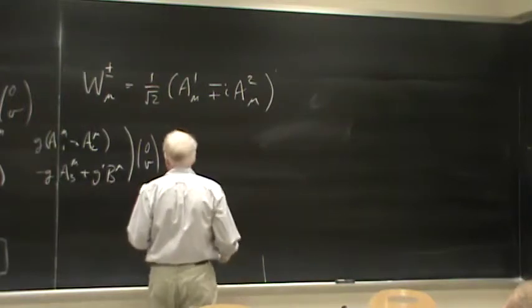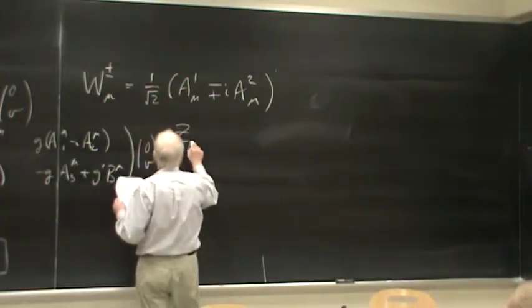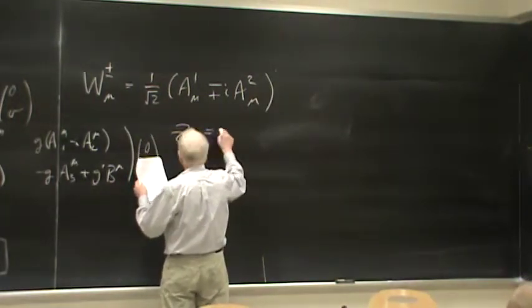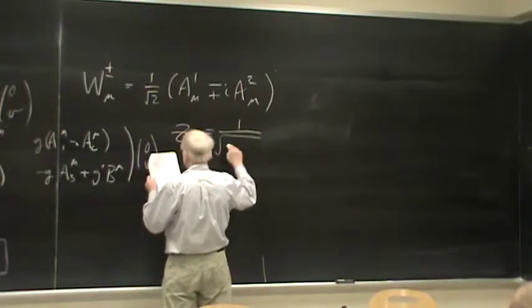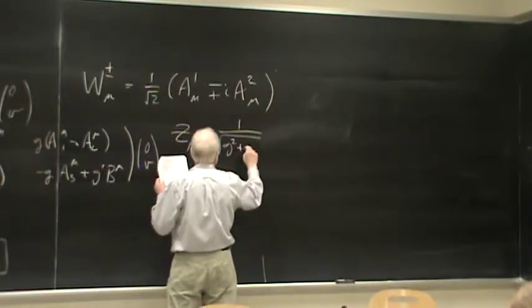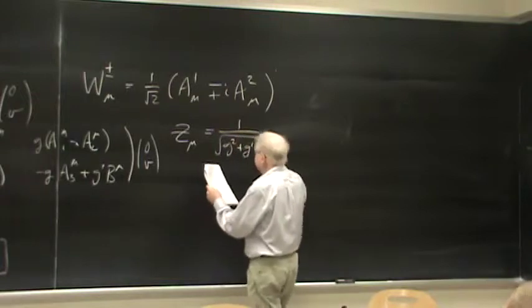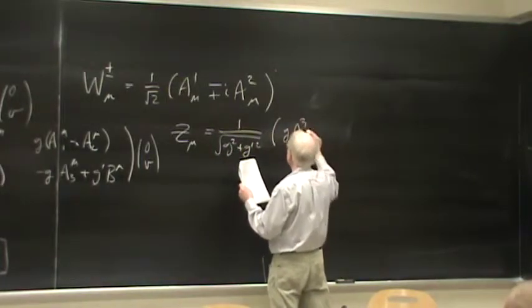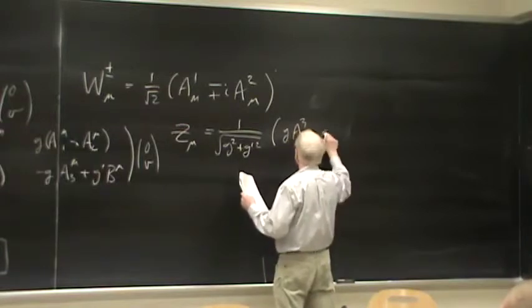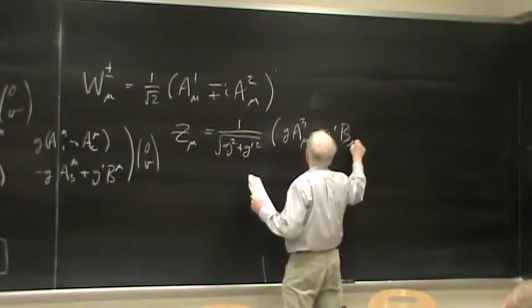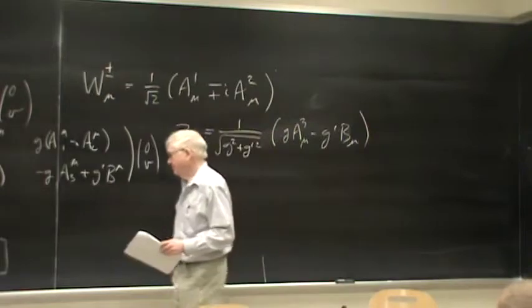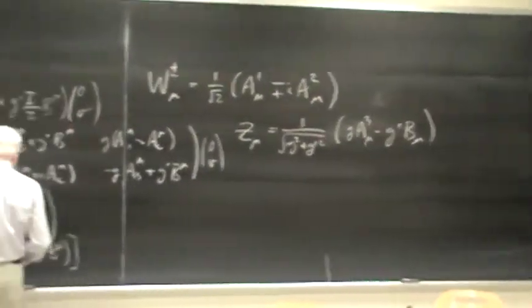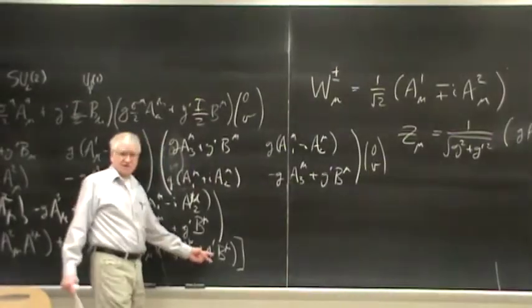The other one is normalized to Z mu. And this is 1 over the square root of g squared plus g prime squared times g A3 mu minus g prime B mu. And here we're just multiplying by minus 1.